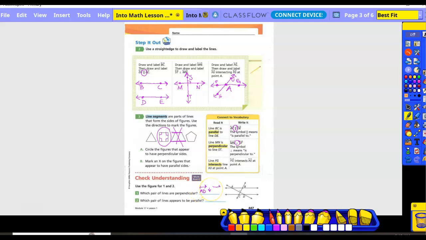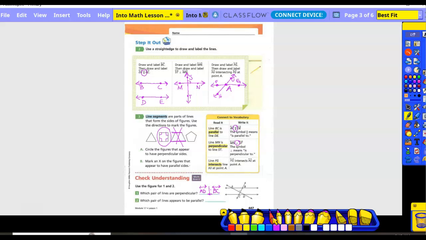And my little line symbol again. And then what can I do? B and C. Okay, and this time what should I have done? I shouldn't have put an and sign here. I should have put a what sign here? Or no. Like the upside down T to say perpendicular, right?